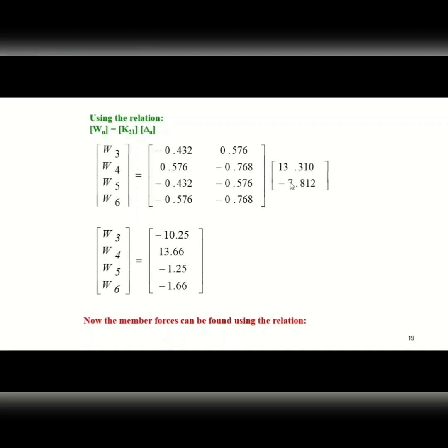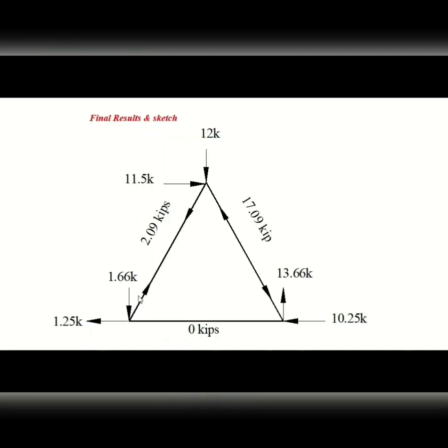We just need to multiply, and all the forces we know, 6 forces we know, so we just need to put them here. In the question we were given just these 2 forces, so by the reference of these forces and the direct stiffness method we solve and find the remaining support reactions.